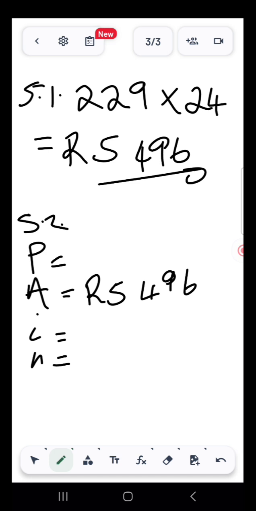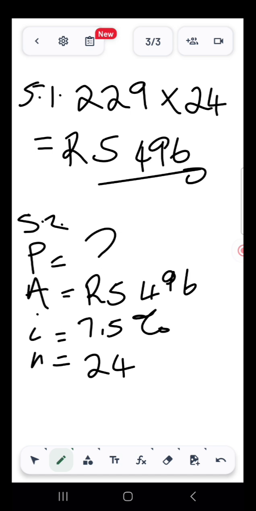The interest rate is 7.5%, and then number of payments, they said 24 months. So now we have to find P, the principal amount. We need to show that the price of the cell phone is 4,779 rand 13 cents. So we have to show it via calculation.